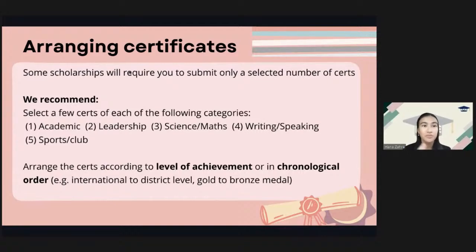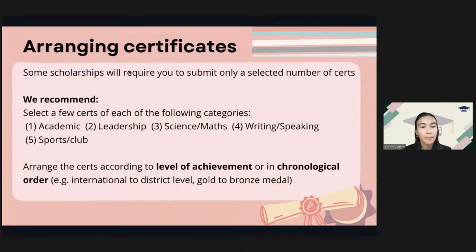So it's important that you really select the ones that you want to showcase and the ones that really present yourself the best. So the recommendations here, of course, is to try to cover maybe a diverse range of things. For instance, academic, leadership roles, or science and maths competitions, writing and speaking, or even your involvement in sports or clubs.